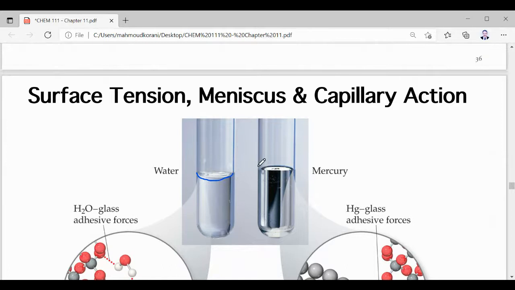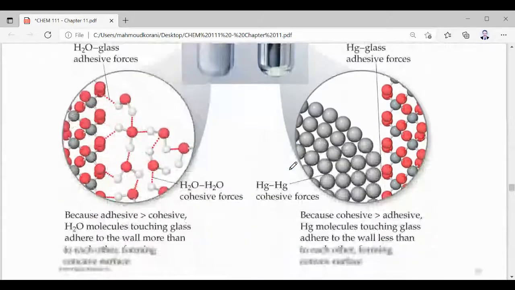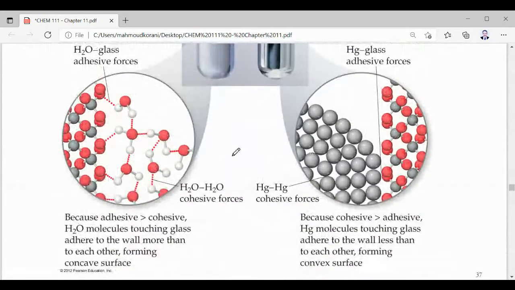It takes the U shape, as you see, and for mercury it takes the inverted shape. If you look at this figure, this is a water molecule. These dotted lines are the hydrogen bonding between the water molecules, and this dotted line is the adhesive force between the solid glass and the water molecule.